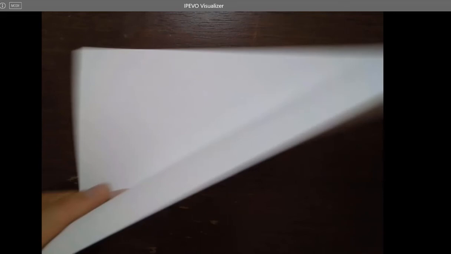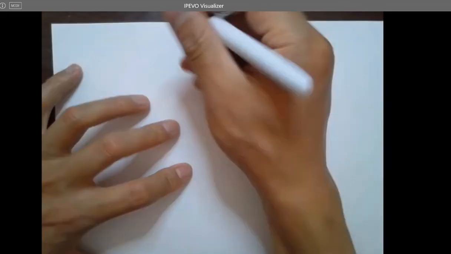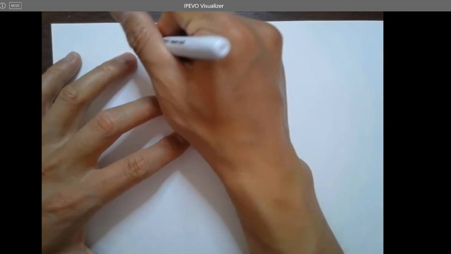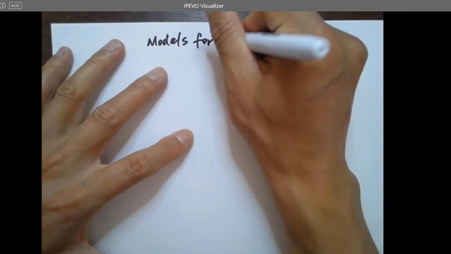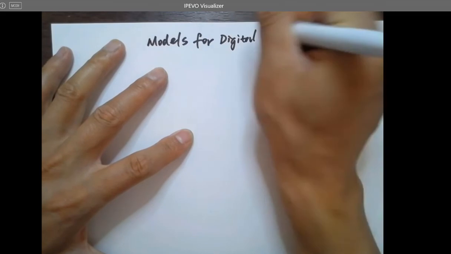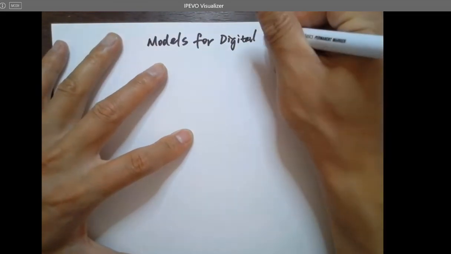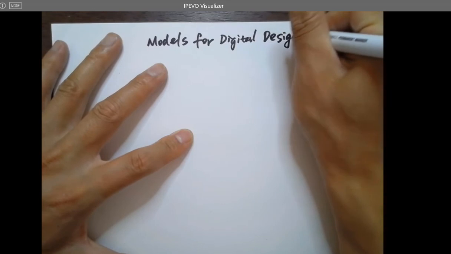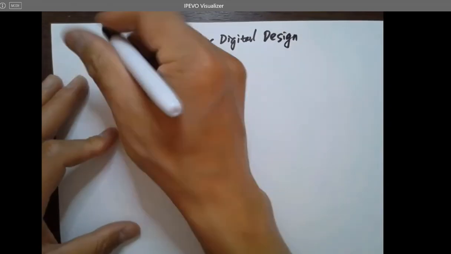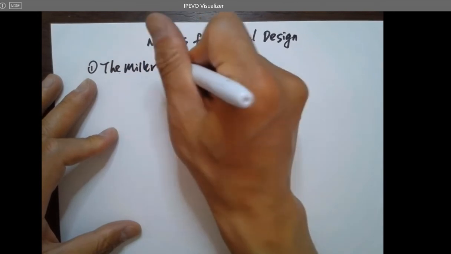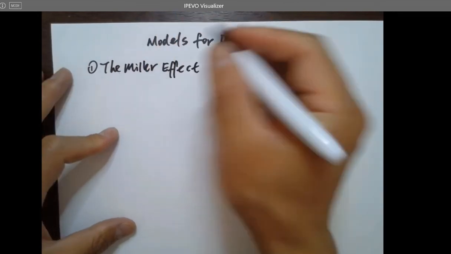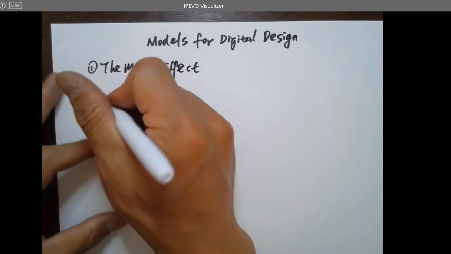Okay, so the first thing I want to cover is called a Miller effect. We have seen an RC circuit like this.